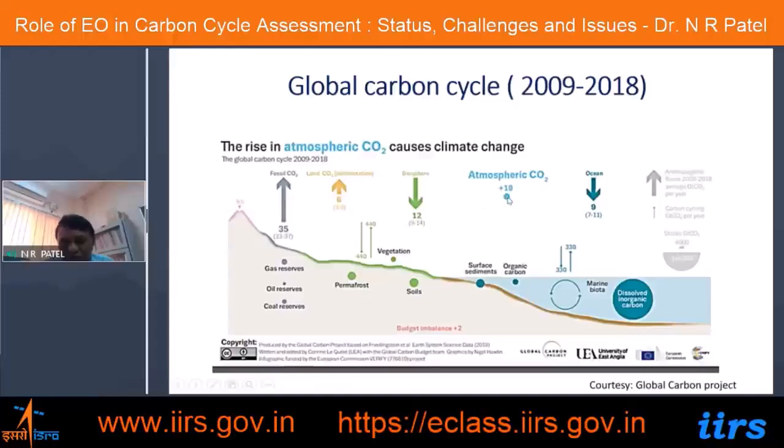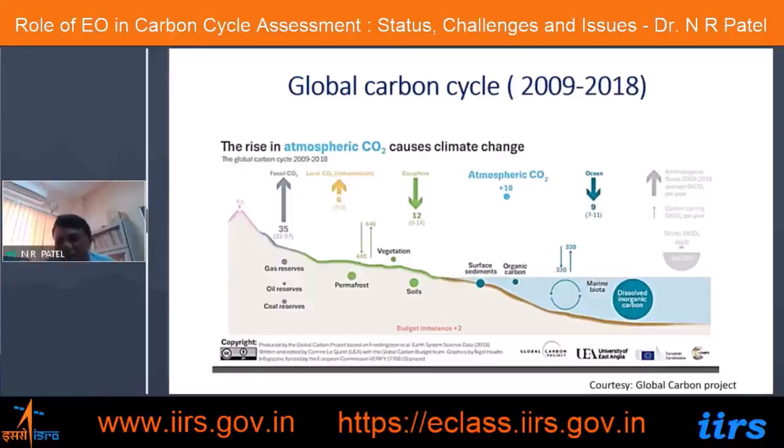Then atmospheric CO2 in 2009 to 2018, this is a whole-period mean: 18 per year, particularly 18 gigaton carbon, is added to the atmosphere.